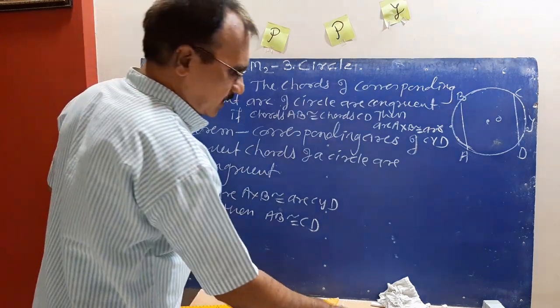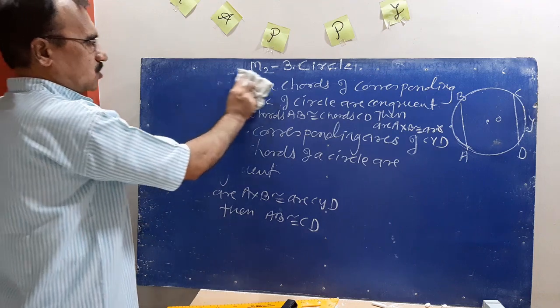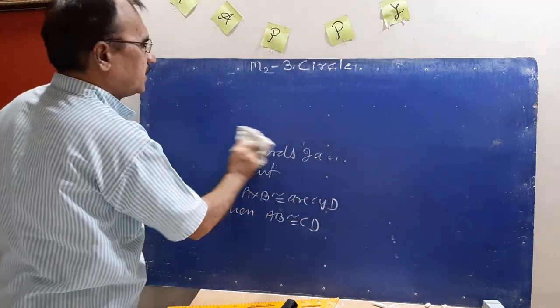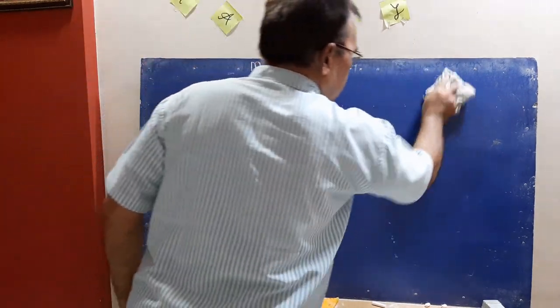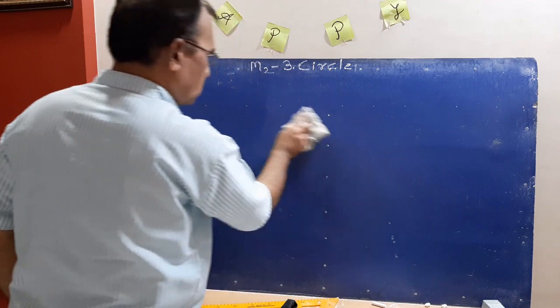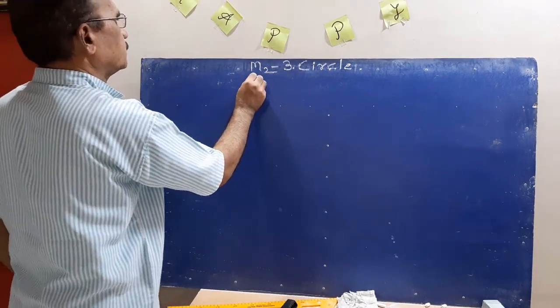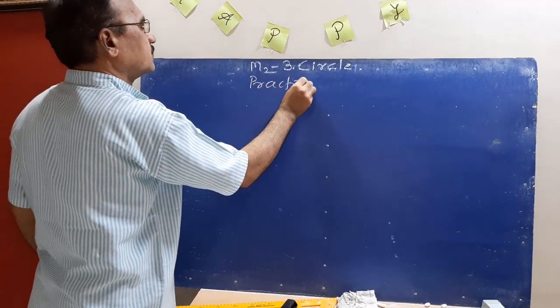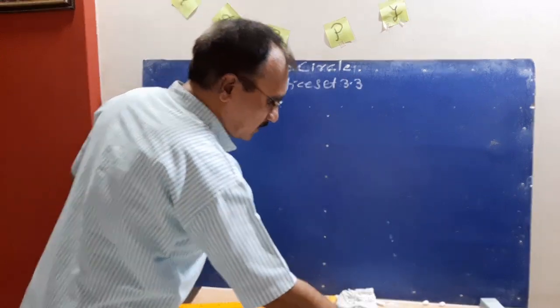Very simple, no problem. Draw the figure and write only the theorem and its converse. We have to use this for the reasons in some examples. Practice Set 3.3.